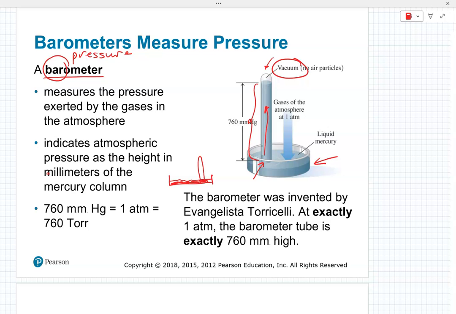But we can say the same about mercury. And height-wise, at some point, it's going to stop. It's going to stop when the pressure of that column of mercury is the same as the atmospheric pressure that pushes it up in the first place. Okay? So this is how we derived those weird units, millimeters of mercury.